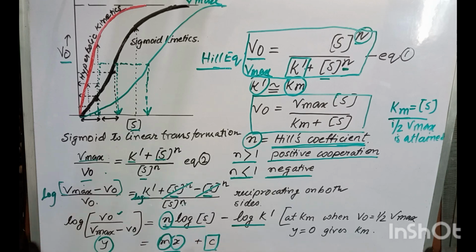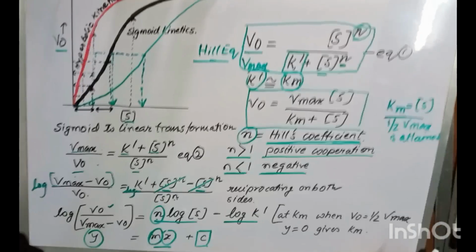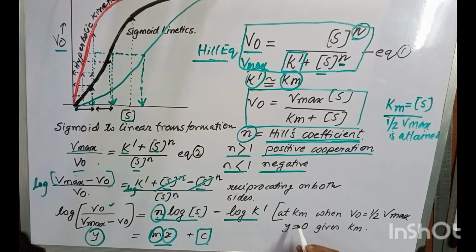Now we always know that at Km, V0 is equal to half Vmax, velocity is equal to half Vmax. So Km is the substrate concentration at which half of maximum velocity is attained.